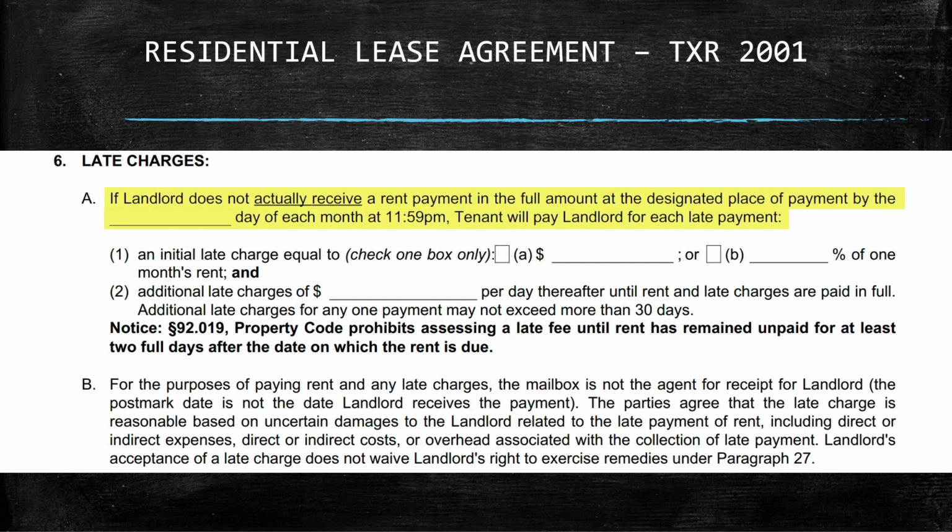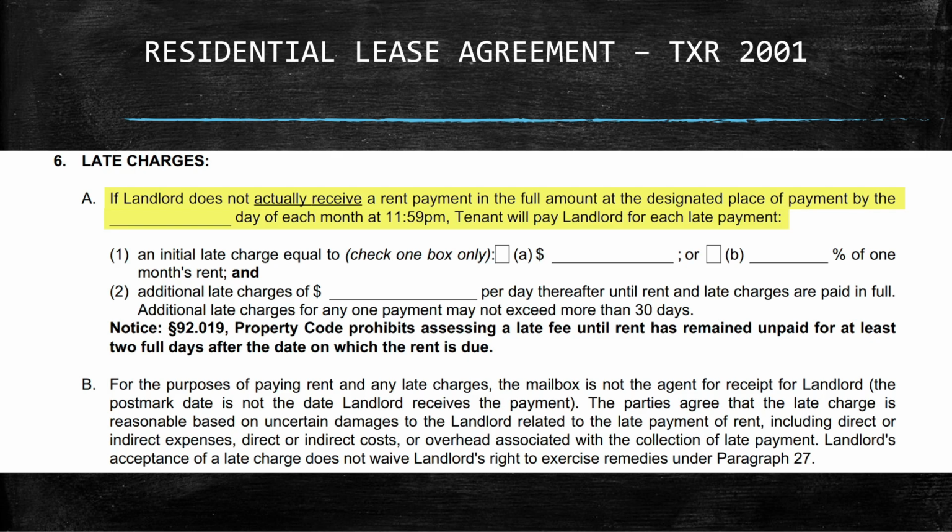So let's assume that the rent is due on the first of the month. How many days after the first of the month will the landlord give the tenant as a grace period? And it could be 2, 3, 4, however many days that the landlord wants to give the tenant as a grace period. And that's the number that you write in there.